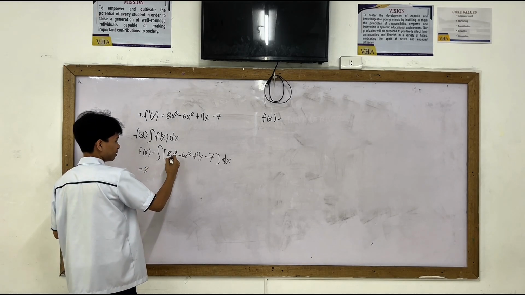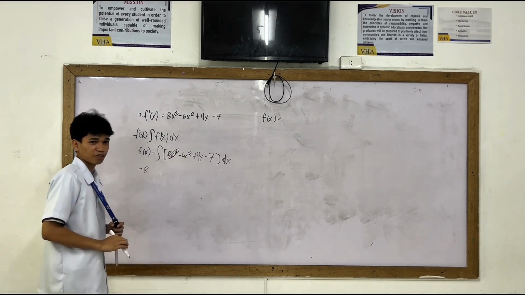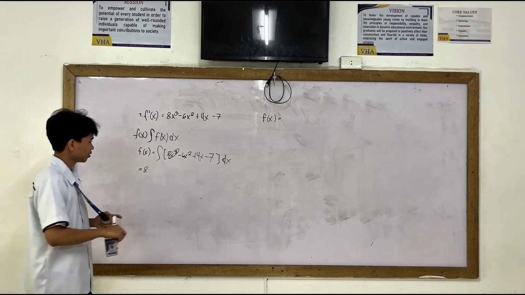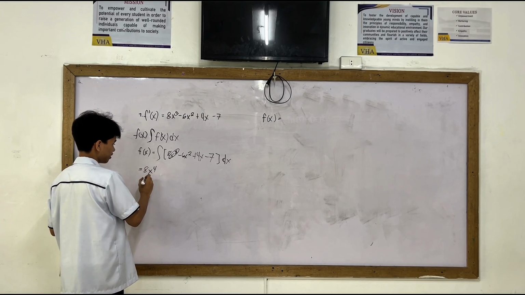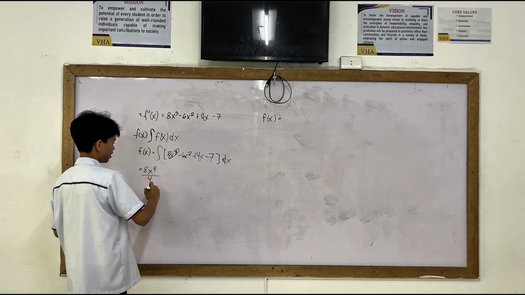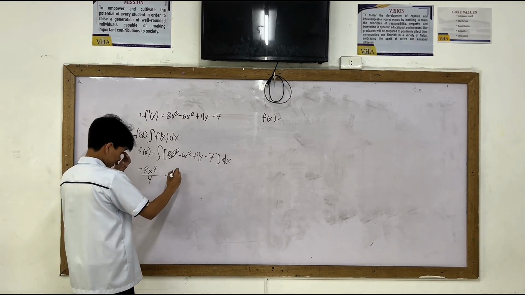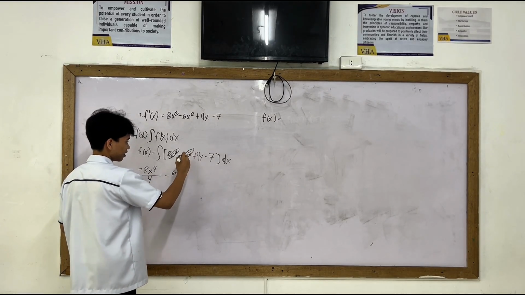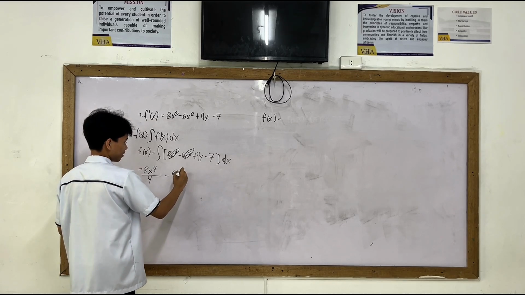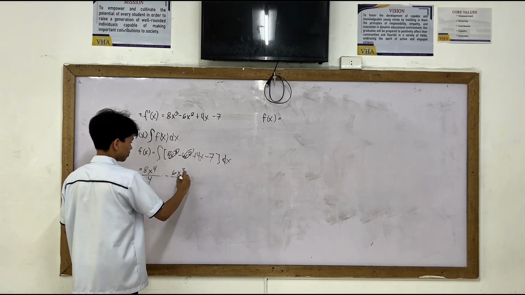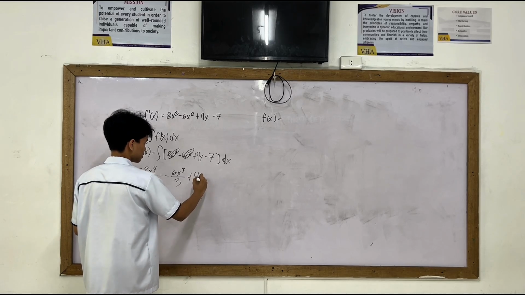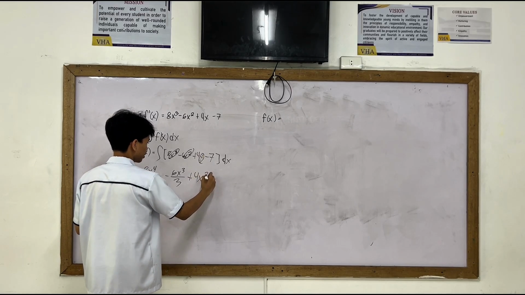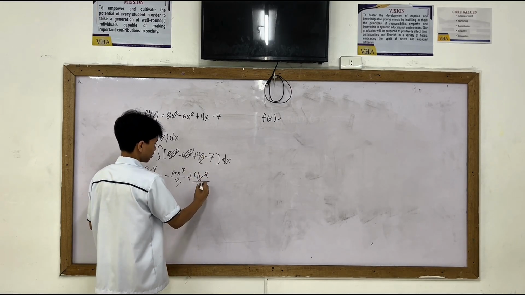And we're gonna find the antiderivative of x cubed, which is x raised to 4 divided by 4, minus 6 times the antiderivative of x squared, which is x cubed divided by 3, plus 4x squared over 2.